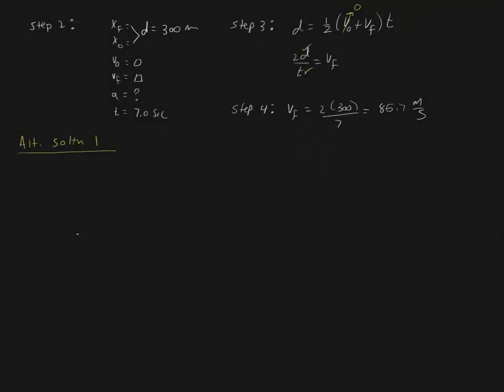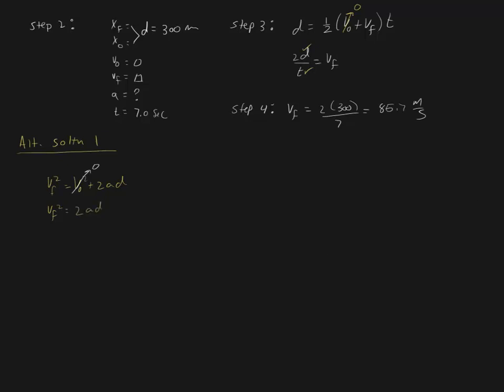Now the time-independent equation of motion is v final squared is equal to v initial squared plus 2ad. And again, we can eliminate those terms that we know go to 0. So v initial was 0, that all goes away. And that's going to leave us with v final squared is equal to 2ad.